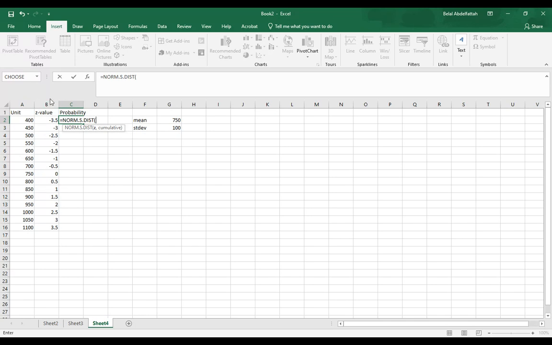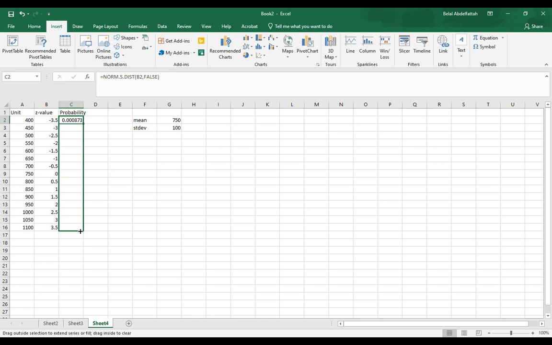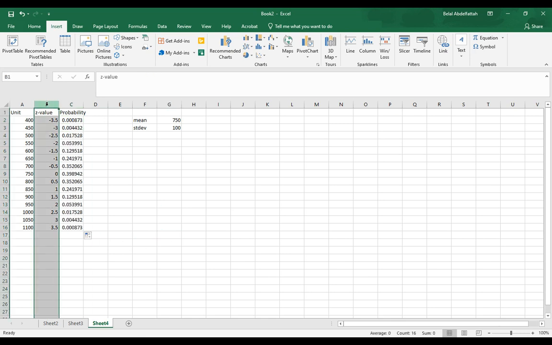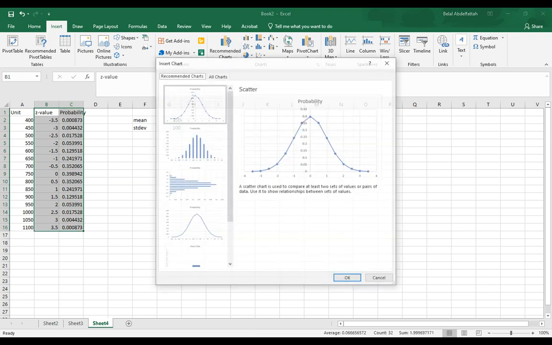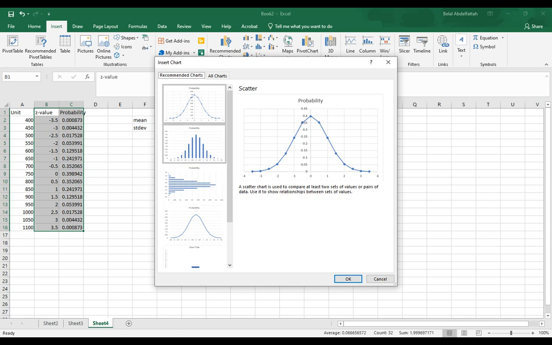So the z-score is this, and I do want to get a cumulative probability. Better yet, I'll just do false, and I'm going to get the probability for everything here, so all of these z values. And now I'll select the z-scores along with their probabilities, create a chart off of it. And we have something that looks like this.